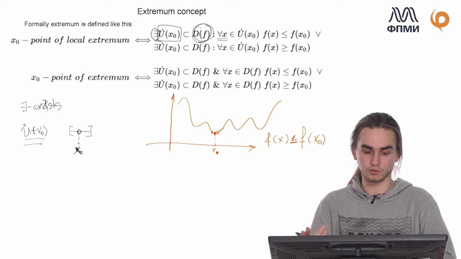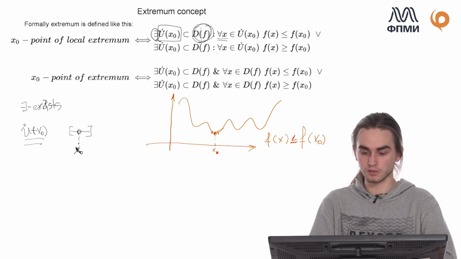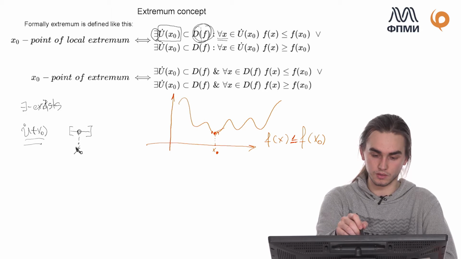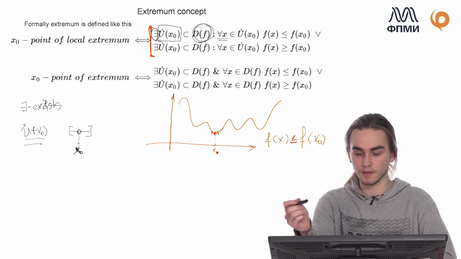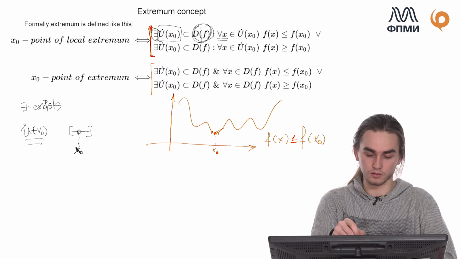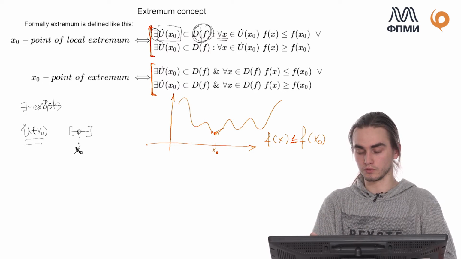So basically there are two types of extremums, local and global, and it's reflected here. Two of them are just about minimum and maximum from a local point of view. These two are maximum and minimum from a global point of view. So here is the difference.